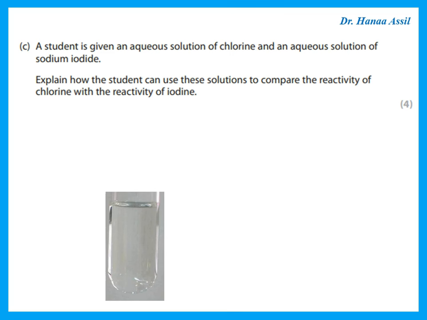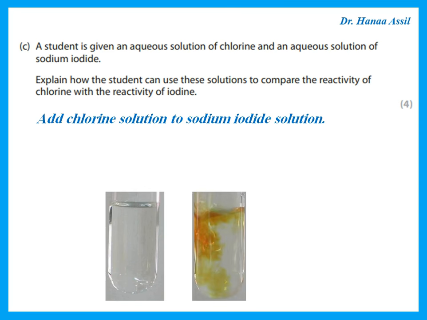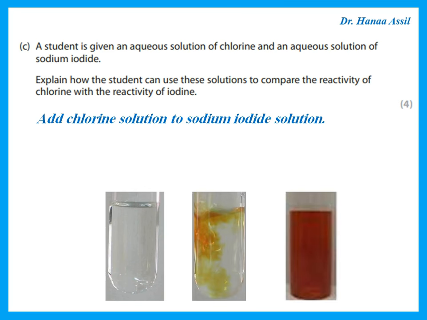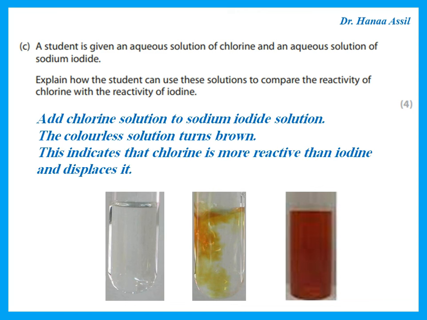Now, when I start to add chlorine, what happens? The chlorine is more reactive than iodine, so it will displace the iodine. So now I don't have sodium iodide, now I have iodine solution. So the colorless solution turns brown. Since chlorine was able to displace the iodine, that tells me that chlorine is more reactive.